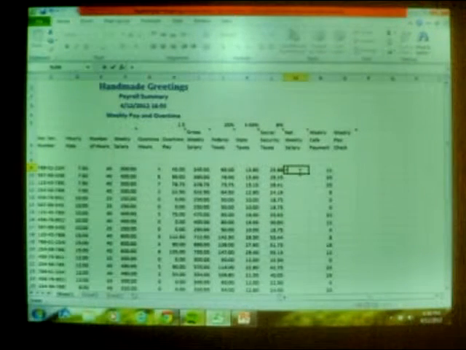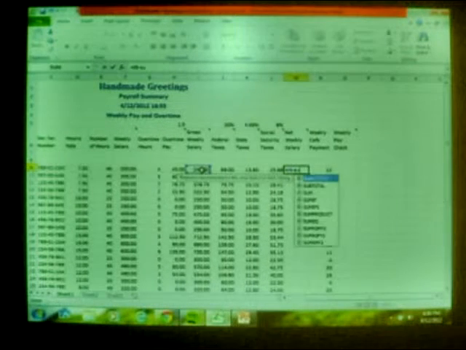Equal I9 minus the sum of J9 through L9, close parenthesis, and we're back at the formula bar to enter.